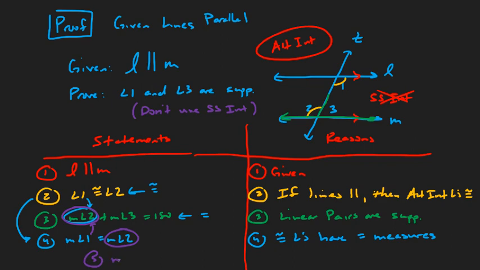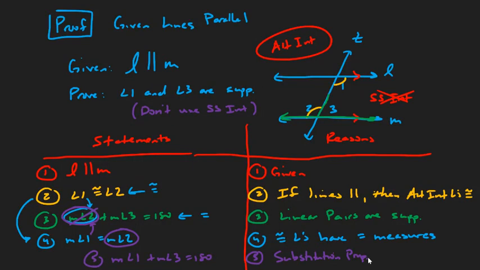So we're going to say the measure of angle 1 plus the measure of angle 3 equals 180. So essentially I took out angle 2 and replaced it with angle 1. This is called substitution. Substitution property, if you want to be appropriate.